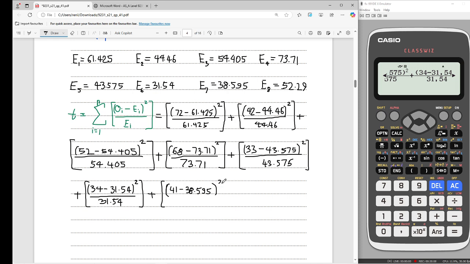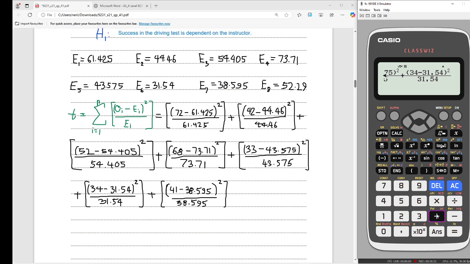And we whole square the difference as before and divide by the expected value. That's when i equals 7. Let's put this in the calculator once more: 41 minus 38.595 whole squared, divided by 38.595.